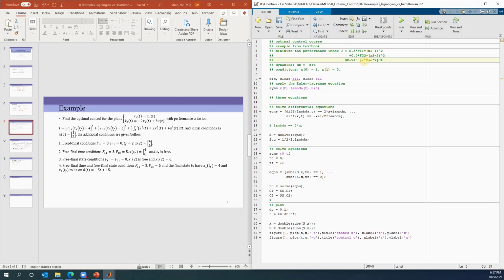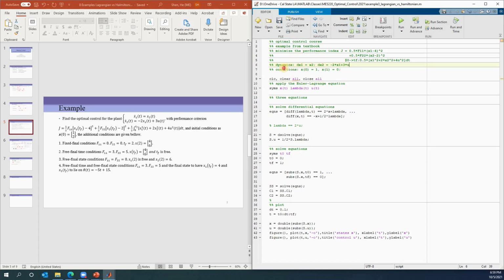It's half the integration from 0 to tf, 0.5 times x1 square plus 2x2 square plus 4u square. The dynamic equation dx1 is equal to x2, and dx2 is equal to negative 2x1 plus 3u. So this is the dynamics.